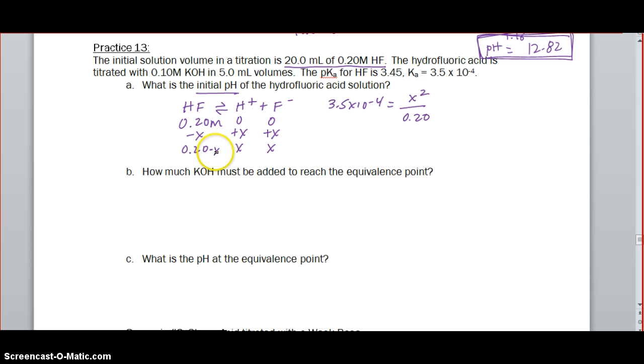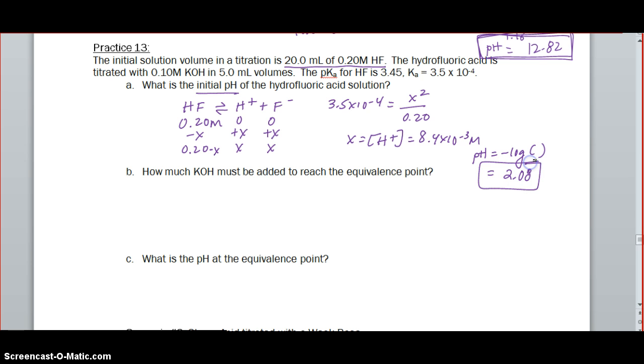Again, this is really 0.2 minus x, but because of that K, we can assume that this is pretty much going to stay 0.2. So x, when we get it, is going to be equal to the H plus concentration, and that's 8.4 times 10 to the negative third molar. So the pH is the negative log of that, and we get a pH of 2.08.